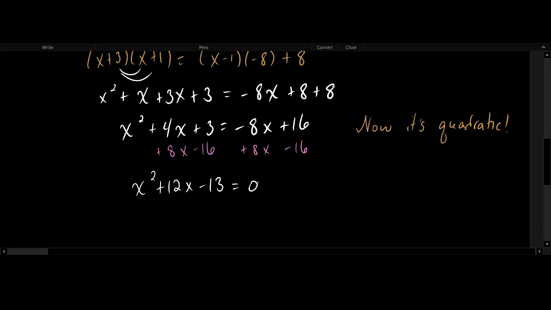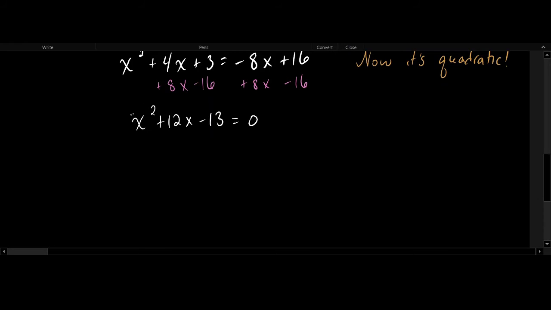Now that we have 0 on one side of the equation, we have two options for solving this quadratic. We could either use the quadratic formula, or we can see if this can be factored. And I think this can be factored, so that's what I'm going to do. Let's solve by factoring. Let's use the zero product property.